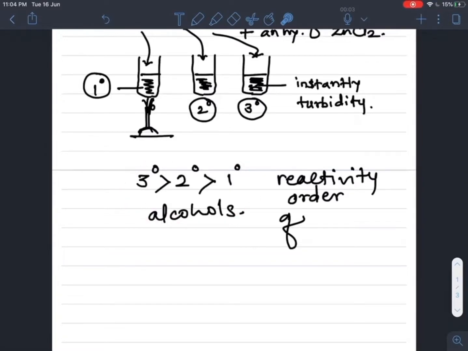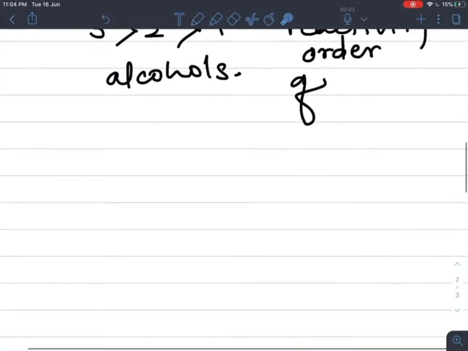Now let's see the mechanism of the Lucas reagent.